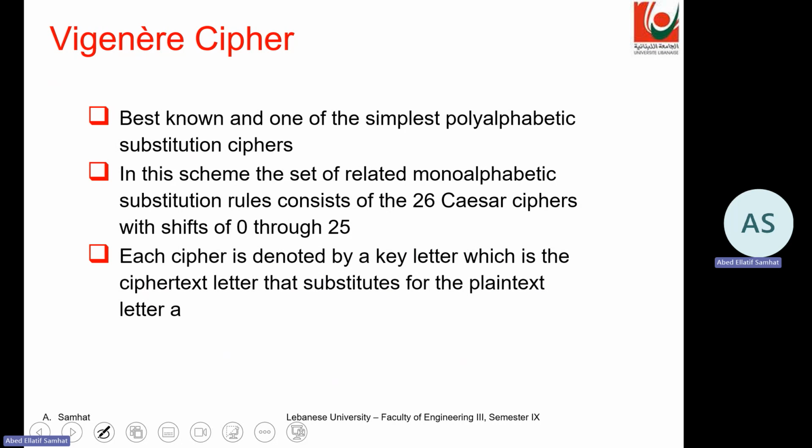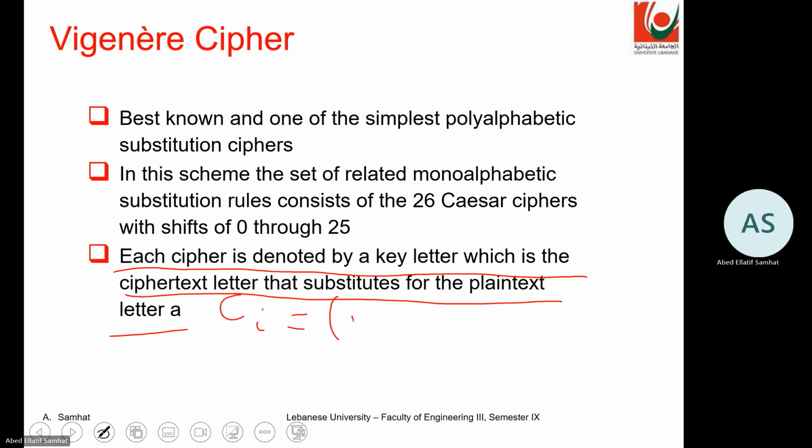In this case, each cipher is denoted by a key letter, which is the ciphertext letter that substitutes for the plaintext letter. For each letter, the ciphertext is the plaintext Pi plus the key Ki mod 26. So we have a key for each letter.